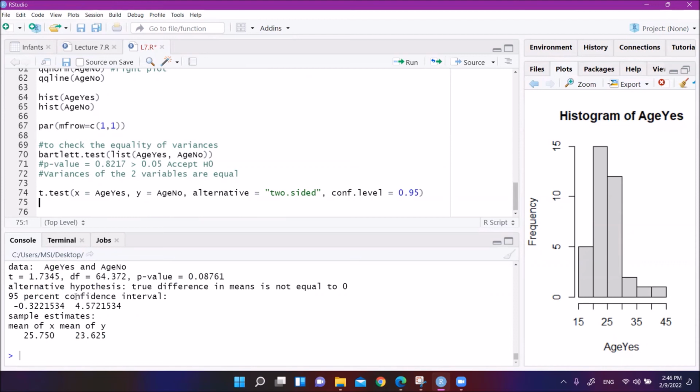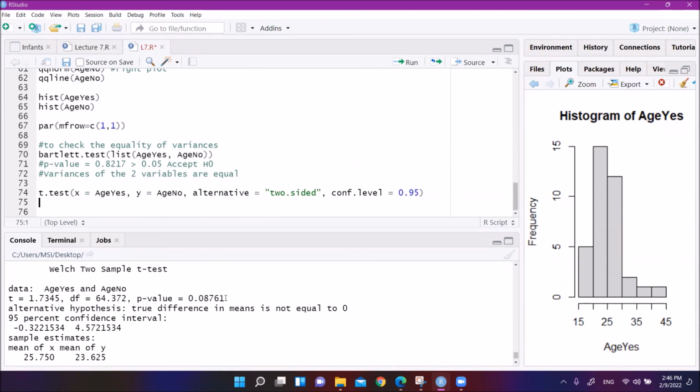When we run this, this is what we are interested about, right? P-value, this is greater than 0.05. So we do not have enough evidence to reject H naught. What is our H naught?